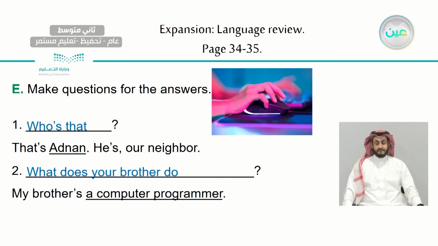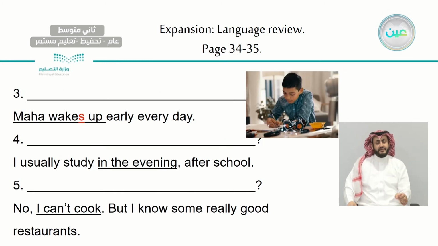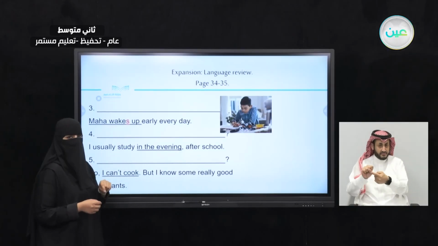Now let's do the same thing with these examples. Here we have the answer: Maha wakes up early every day. Now what is the question that we can add here? Look at the verb, wakes up. Do you remember when we talked about adding S to the verb for the simple present?